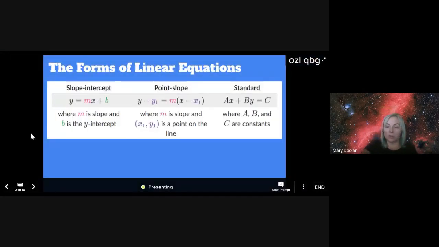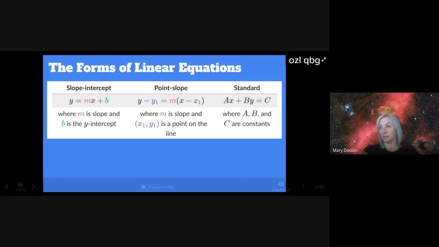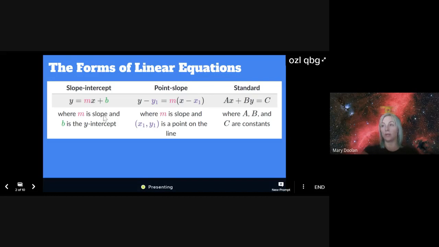So these are the 3 forms, and last week was slope-intercept form, which is y equals m times x plus b. In this equation, m is your slope. Slope tells you how steep a line is. It's also known as rise over run, or the change in y over the change in x, or the rate of change.